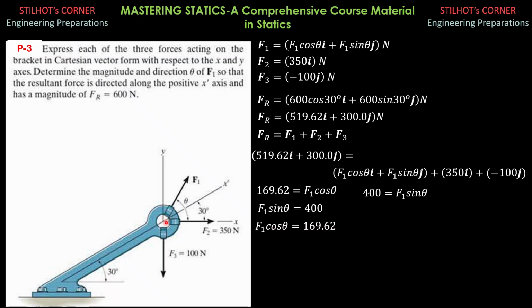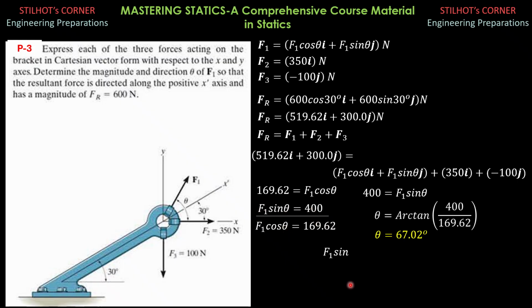The resultant, and indeed F1, lies in the first quadrant. So theta is arctan of 400 over 169.62. Theta is equal to 67.02 degrees.